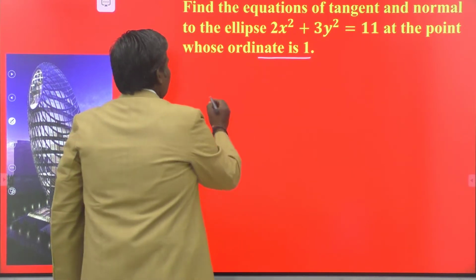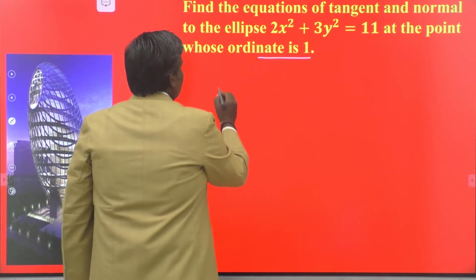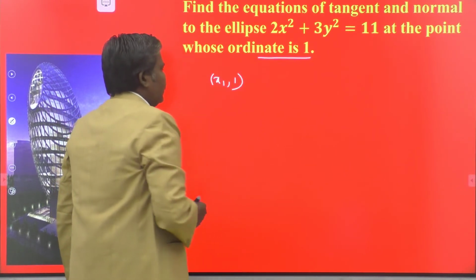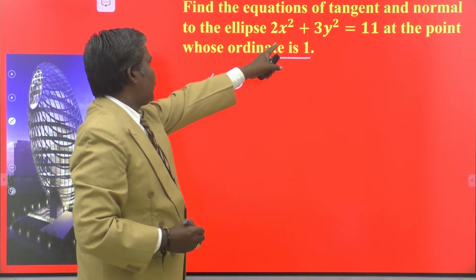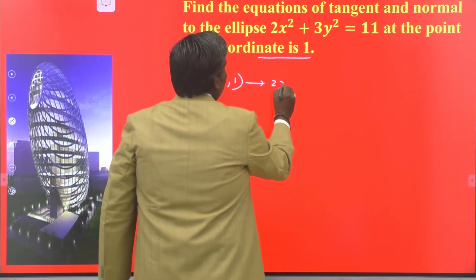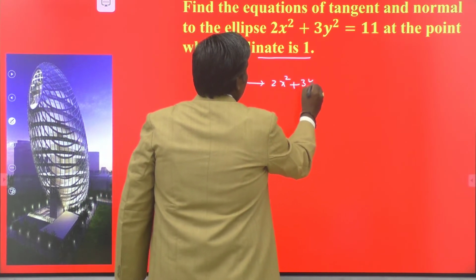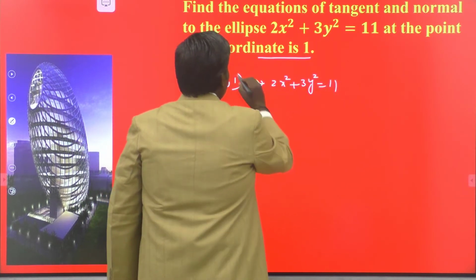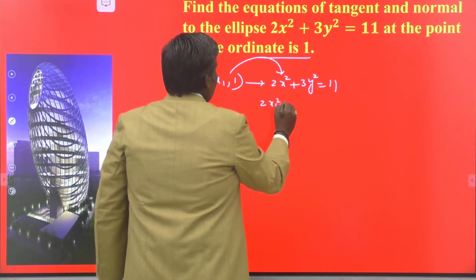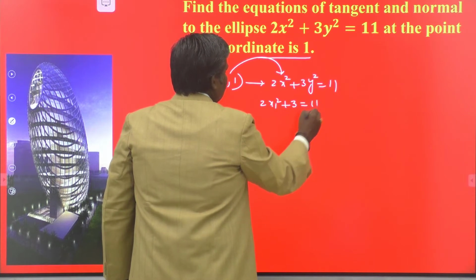Okay, so your abscissa is x1, say. x1 comma 1 is your point, say. x1 comma y1 is 1, which lies on your ellipse 2x square plus 3y square equal to 11. Substitute here: 2x1 square plus 3 is equal to 11.